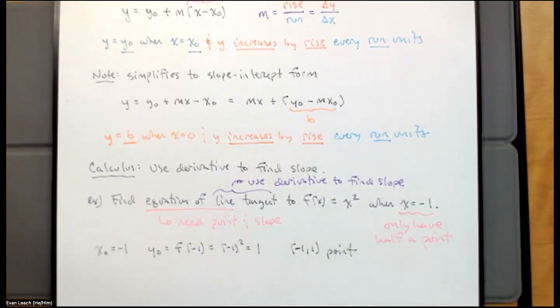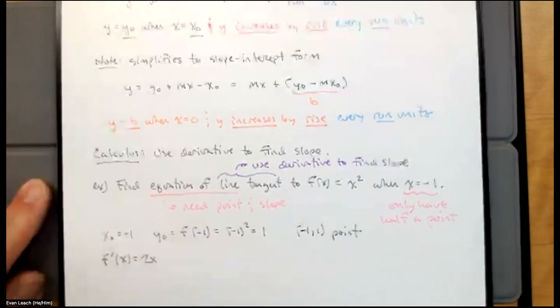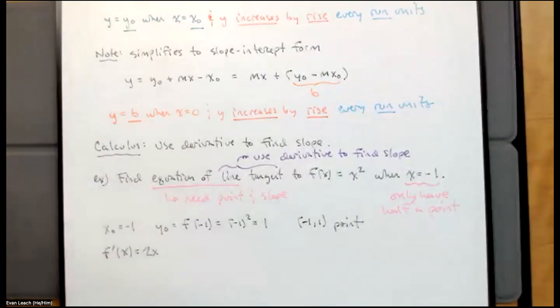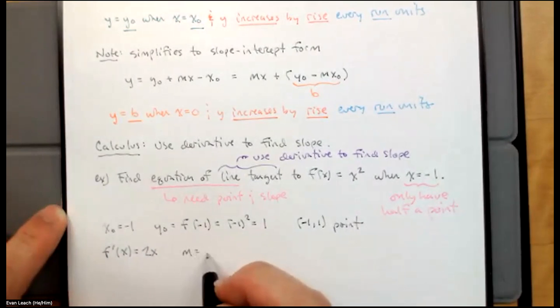We need to calculate a slope. For that, we're going to need the derivative. So f prime is 2x. We use our cool derivative finding techniques. And then the slope of the line will be f prime at -1.